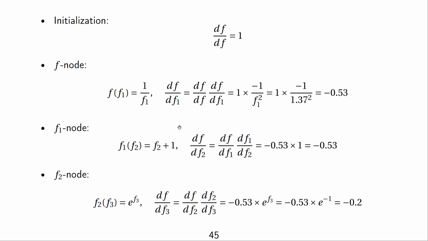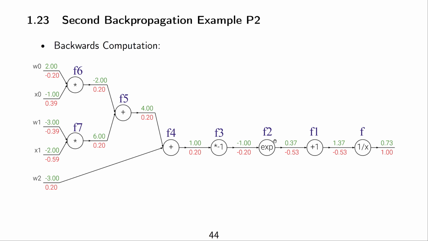I wrote all of this out in quite a lot of detail just so that you might be able to check later. For the notation that I use here, I use these node names to name the output of a node as well as the function that the node computes.